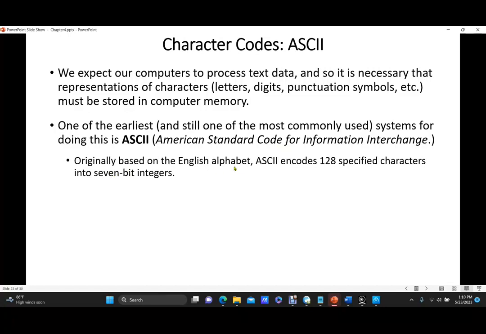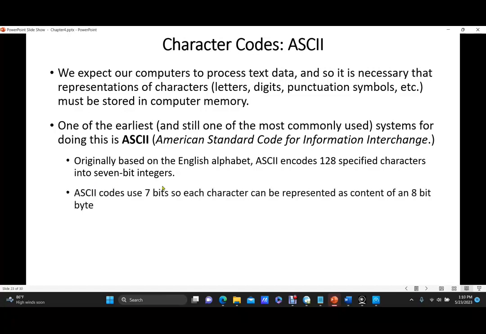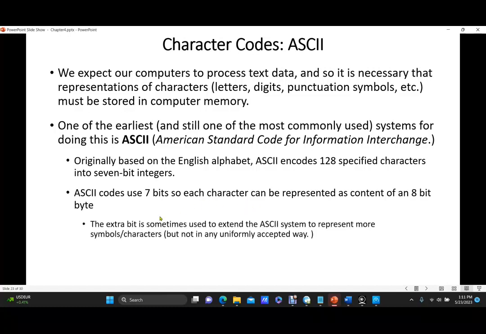Originally based entirely on the English alphabet, it has codes for 128 specified characters using 7-bit integers. ASCII codes use 7 bits, so each character can be represented as the content of an 8-bit byte with an extra bit left over.